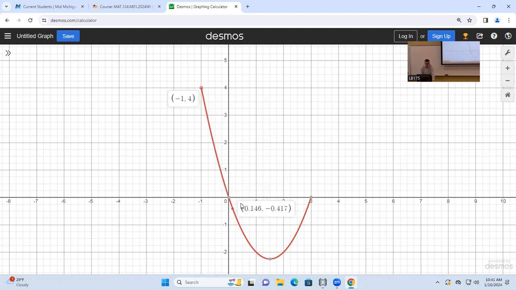So we're decreasing in this section, right? Now, once you hit 1.5, your graph changes, and now moving left to right, the point is going up. So we're increasing.